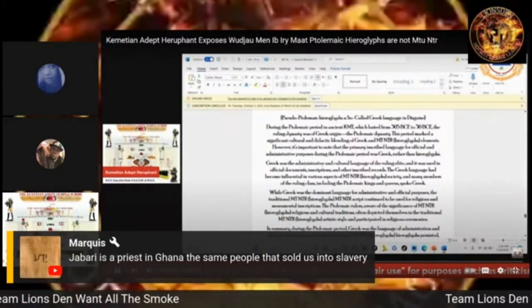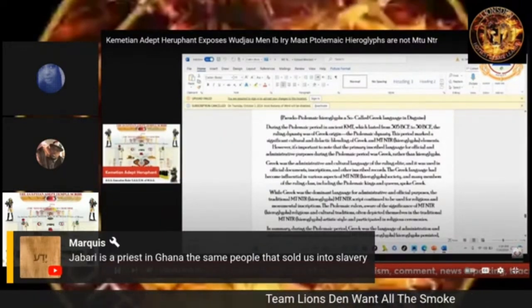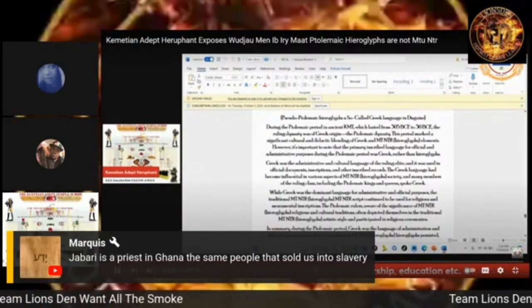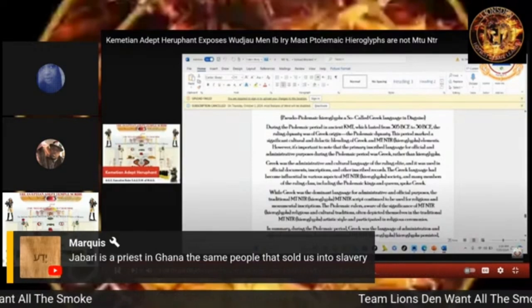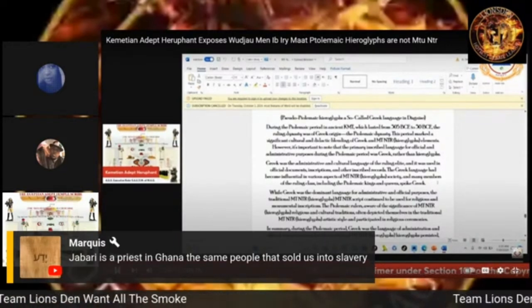Greek was the administrative and cultural language of the ruling elite, and it was used in official documents, inscriptions, and other inscribed records. The Greek language had become influential in various aspects of Medu Neter society, and many members of the ruling class, including Ptolemaic kings and queens, spoke Greek.